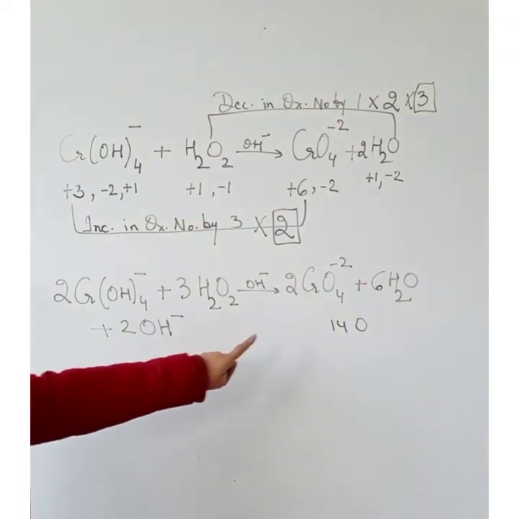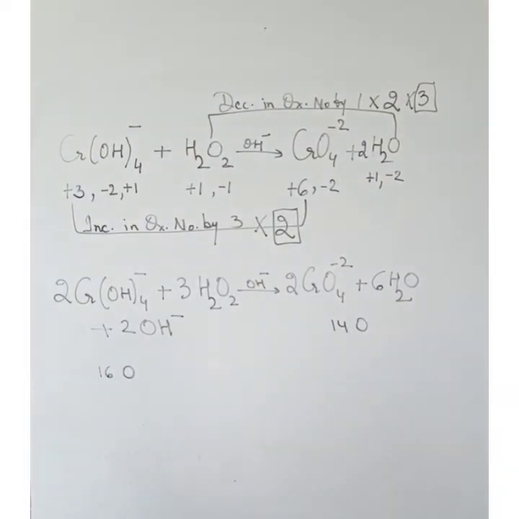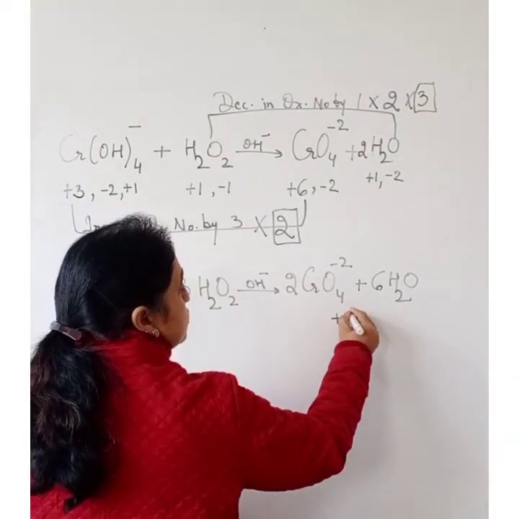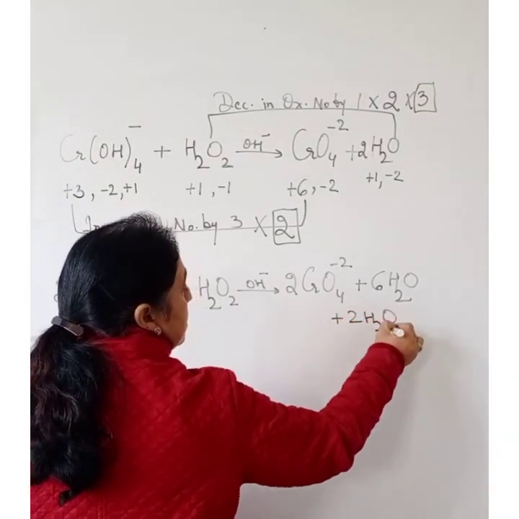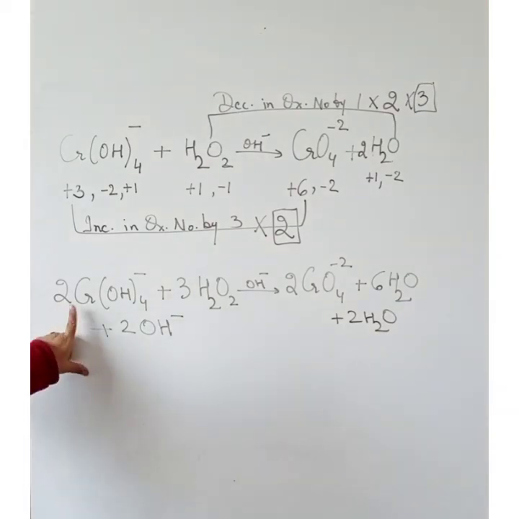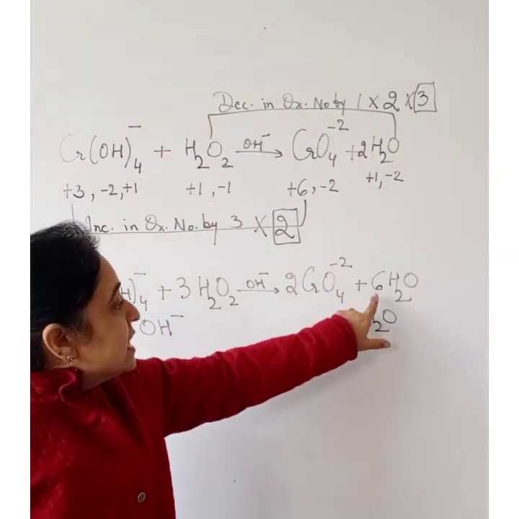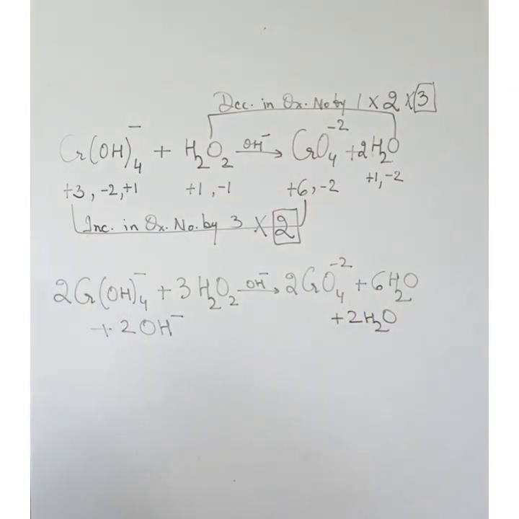So this side is the deficient side and it is deficient by 2 oxygen atoms. So we are going to put 2 H2O on this side. Now you can recheck. 4 2s are 8 plus 2 is 10 plus 6 is 16, and 4 2s are 8 plus 6 plus 2 is 16, balanced.